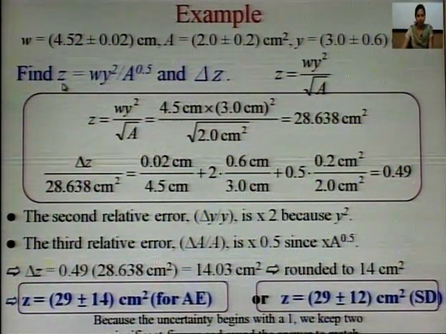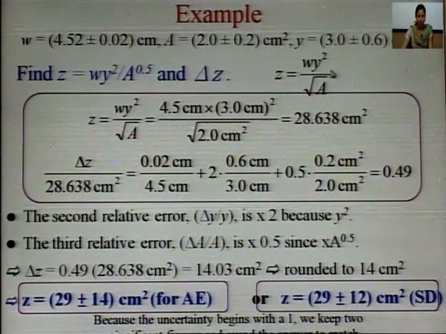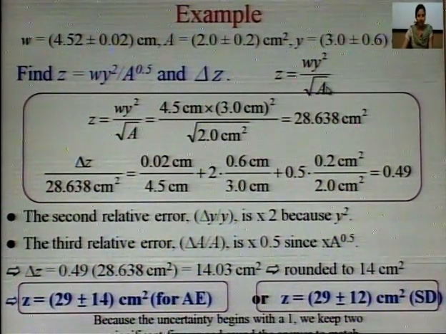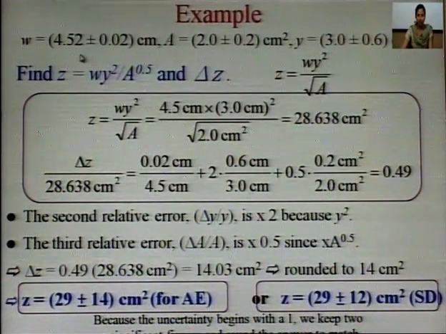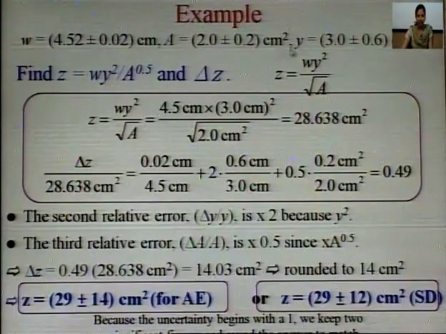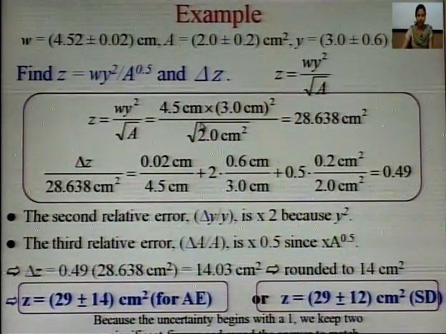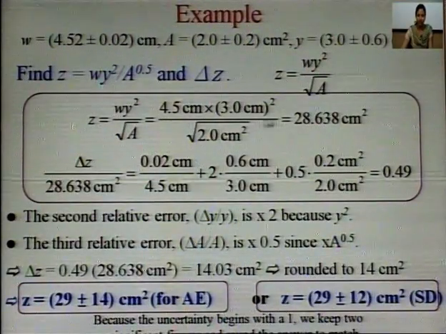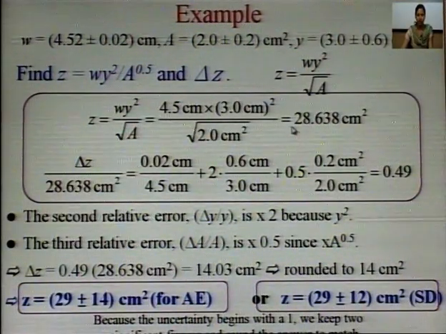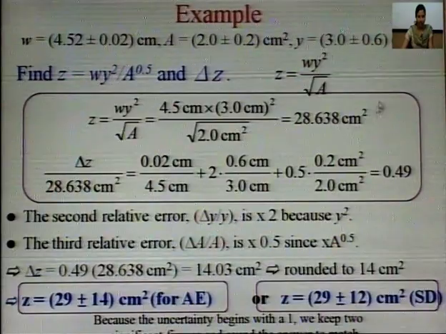We have to calculate Z, which is given by W Y square divided by square root of A. W is 4.52 and Y is 3 and A is 2. So upon calculating this relation, we will get Z is equal to 28.638 centimeter square.